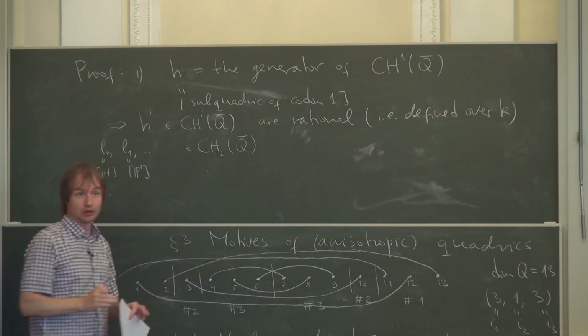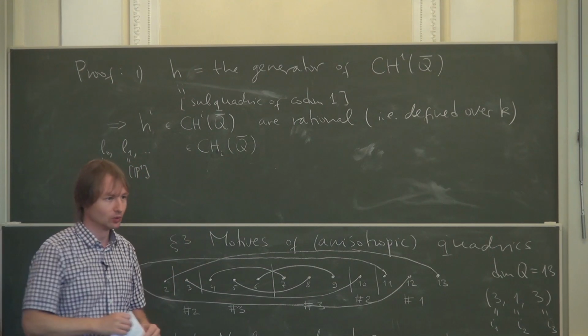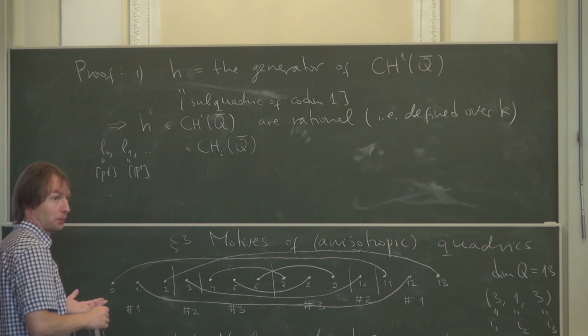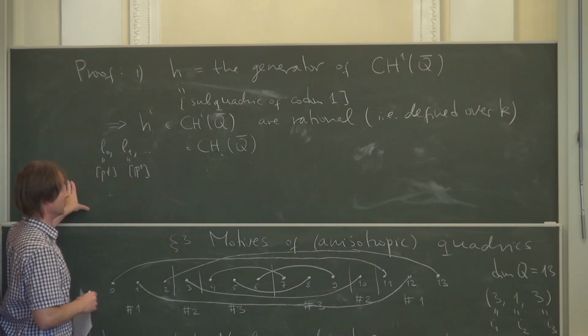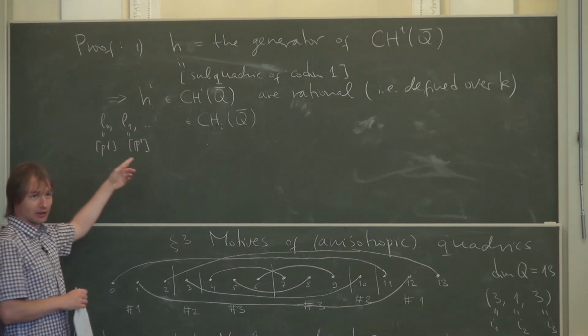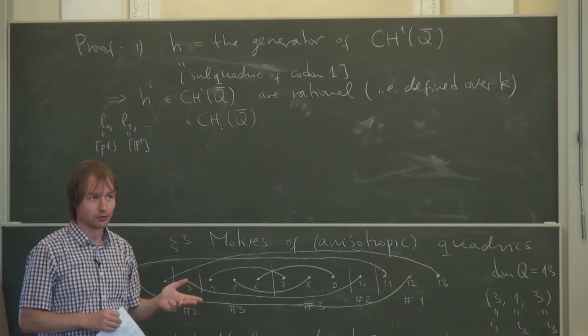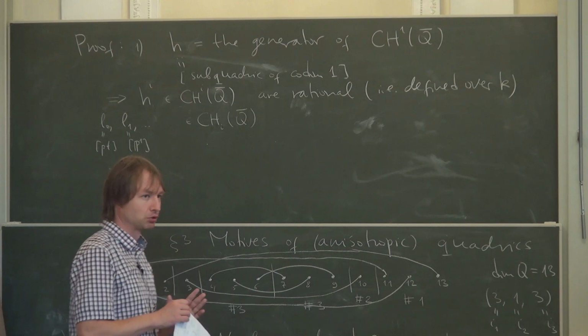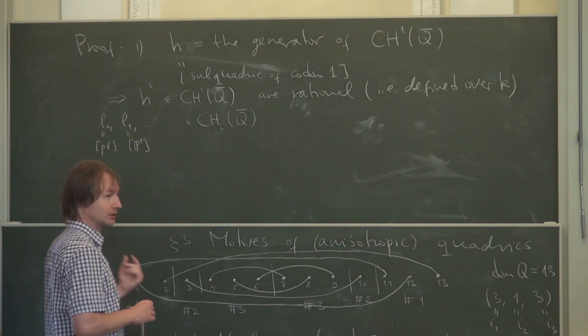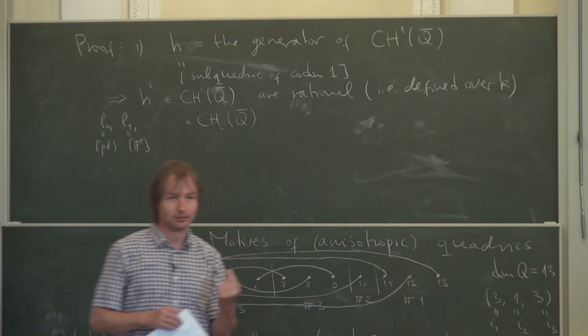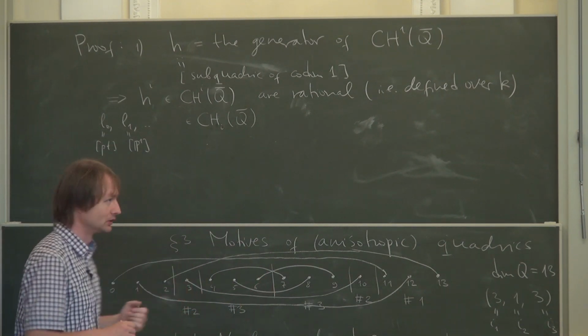They are not rational anymore, but they exist over K bar, because over K bar Q is split, so it's hyperbolic. And these elements form a basis for the Chow group. So it's very concrete: H, powers of H, and classes of subspaces inside of Q.